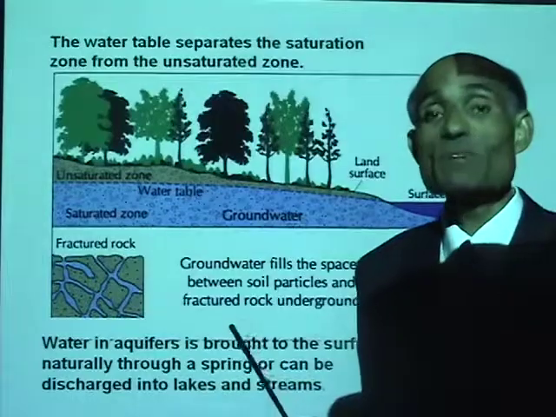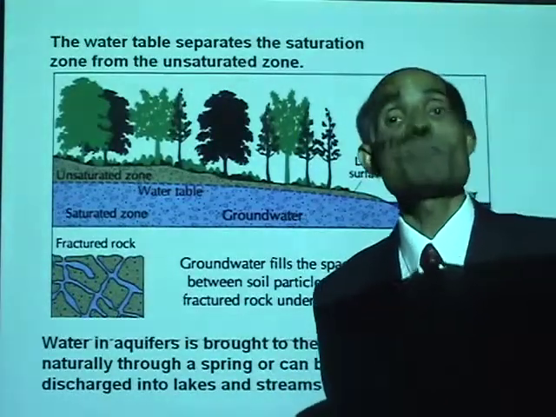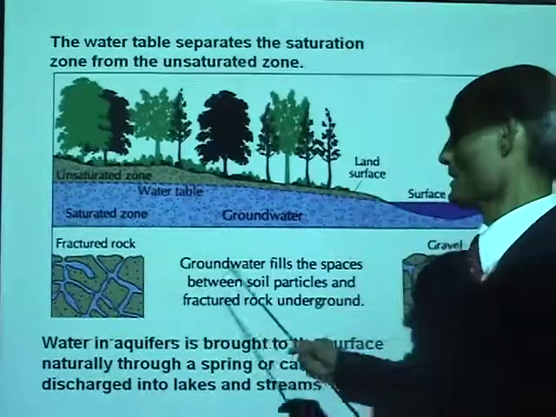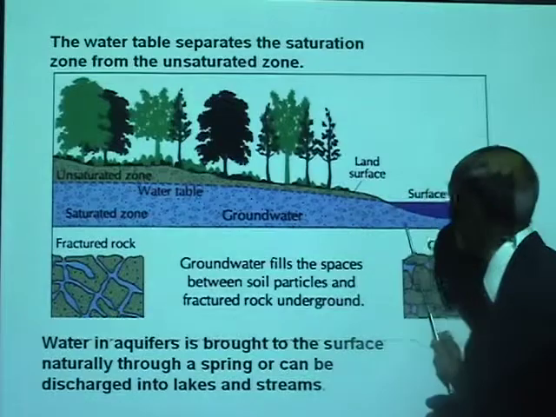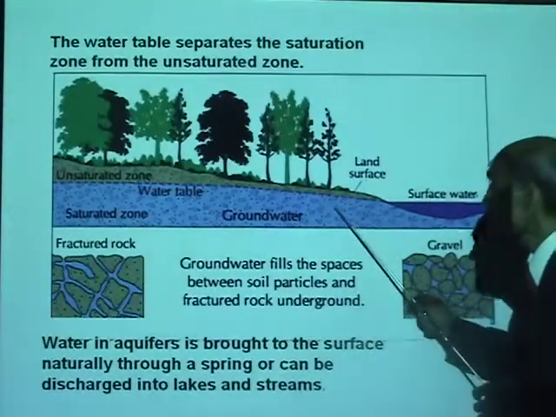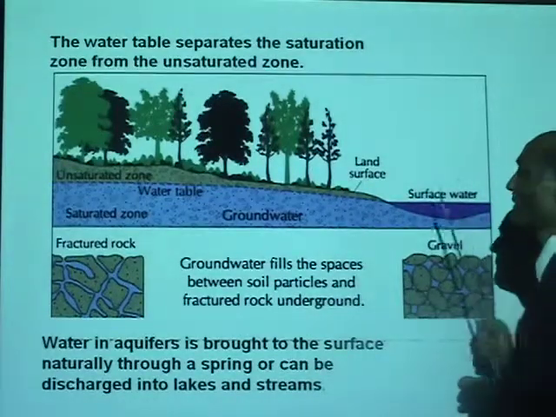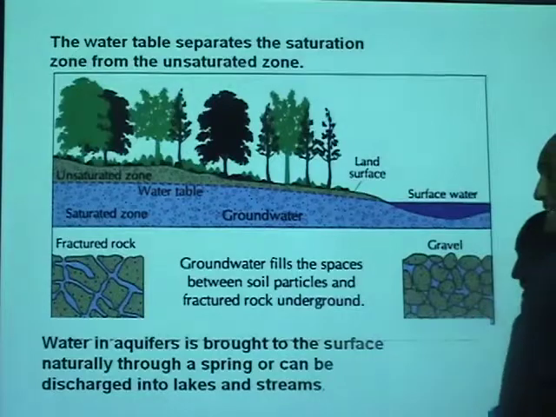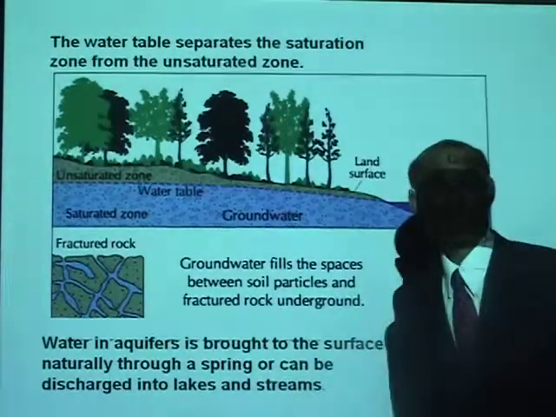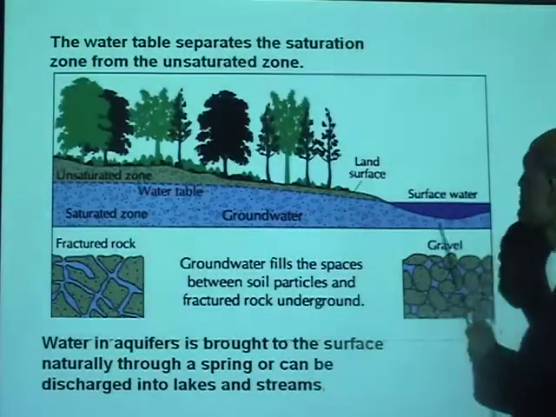Streams are fed most often by water from the ground, from aquifers. And of course, lakes, for example, look at this surface water. A lot of this water is actually fed into that lake from this aquifer.